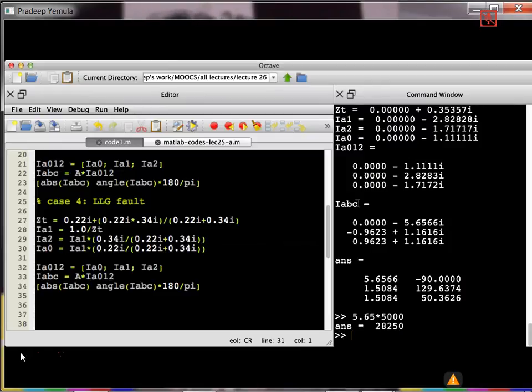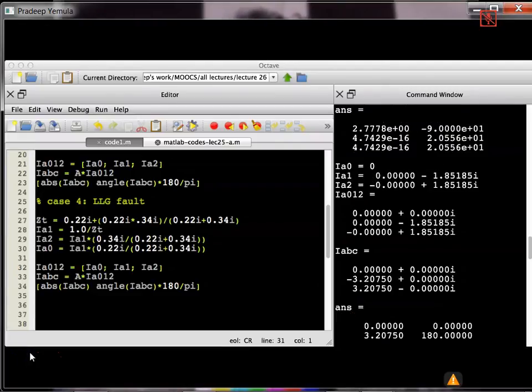So let me refer to my notes. 28,250 amperes, 7,000, draw the line also. 7,500 amperes, 7,500 amperes. For the line to line fault, this was 0, and let me just check before. Yeah.